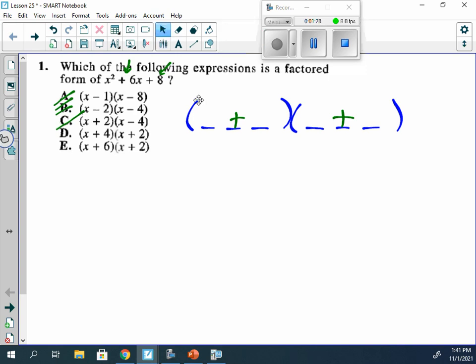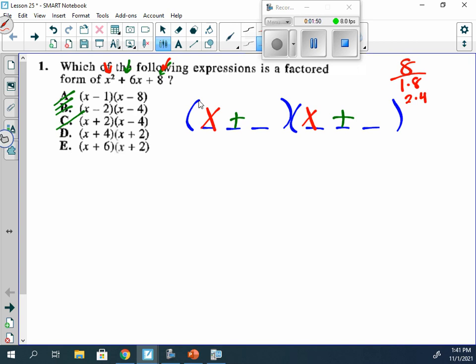Now, if we went on and factored this, the next part would be finding the factors of the first and third term. The first term is just going to be x and x, because the only things that multiply together to give me x squared are x and x. Now, the factors of 8, as we just said, are 1 and 8 or 2 and 4.